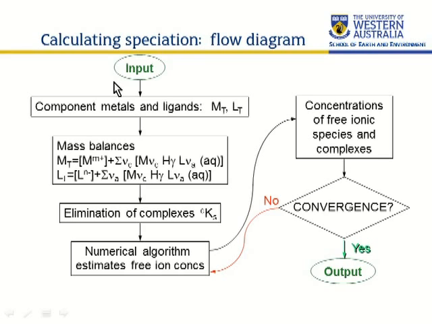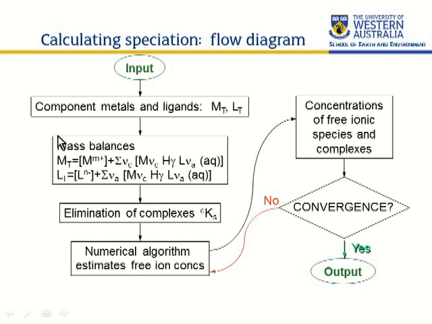It makes conceptual sense. What we need to do is formulate mass balances for every possible component, so their total concentration is the sum of their species. Right? And we do the elimination of complexes. That's that stage where we substitute the algebraic form of the equilibrium expression into our mass balance.